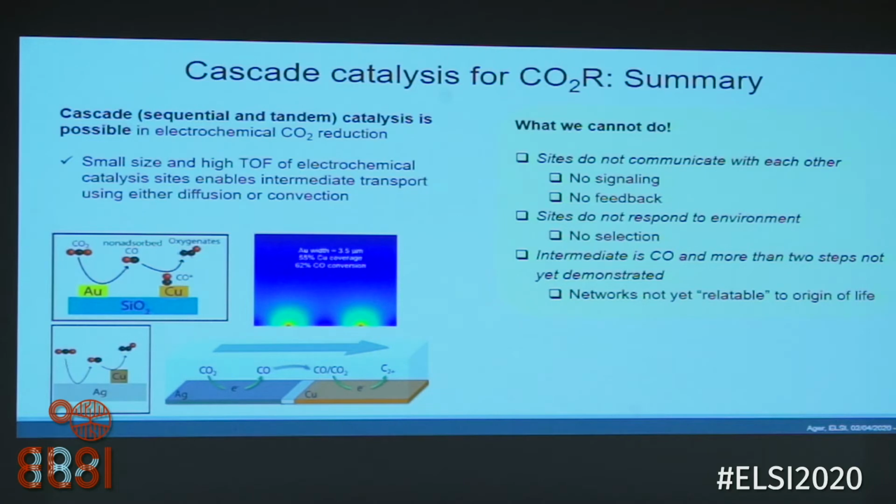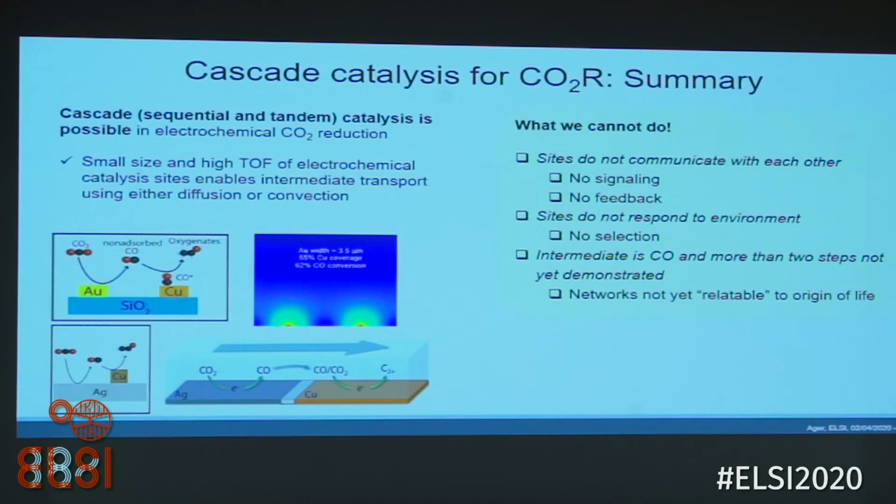Right now, our sites do not communicate with each other. We don't have any signaling or any feedback. We can control them independently or at potentiostat, but we're blind. A systems engineer might call that open loop. We don't respond to the environment. We can't select the sites out in a way that we might want to do if we're trying to evolve them to get to some sort of outcome. Also, the intermediate is CO, and we haven't demonstrated more than 2 steps.